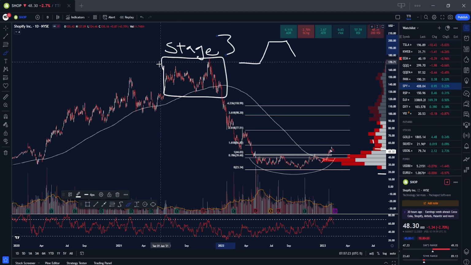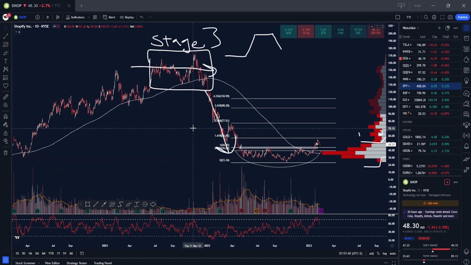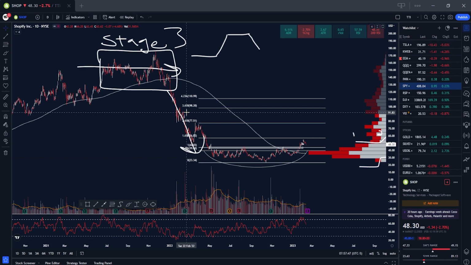This is generally viewed as a horizontal channel with a support level and a resistance area that's tested multiple times. Then you get the markdown period, your stage 4, a classic downtrend where institutions are out of their position and now it's majority retail and everybody else trying to get out as quickly as possible, selling on top of each other, causing massive rundowns.